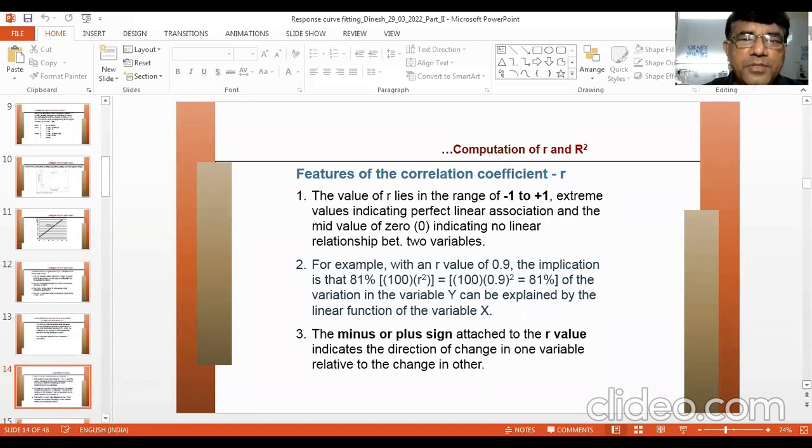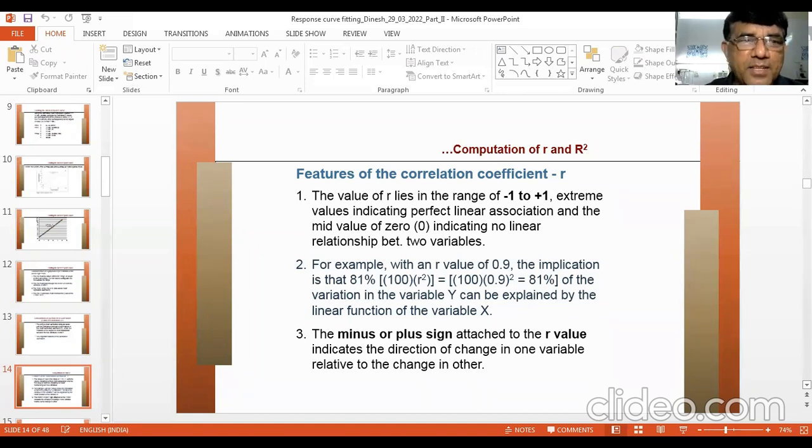And extreme values indicate perfect linear association. The higher the value towards the left side or towards the right side, the more perfect the linear association, the more strength of association. But if it is 0, it means there is no relationship between the two variables.